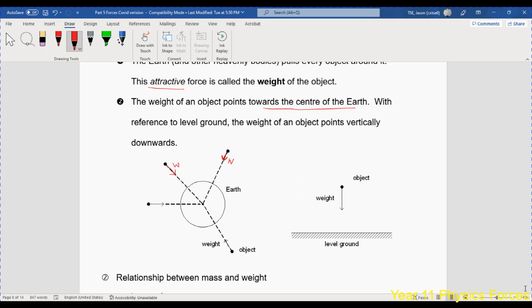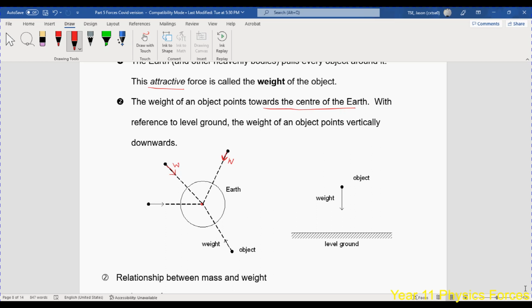Small dots mean objects with masses. If you can see Earth from that distance, you can see all the weights point towards the center of the Earth. That's why we can say weights of objects point towards the center of the Earth. But that's less relevant to our daily life, because normally we won't observe the Earth from that kind of distance.